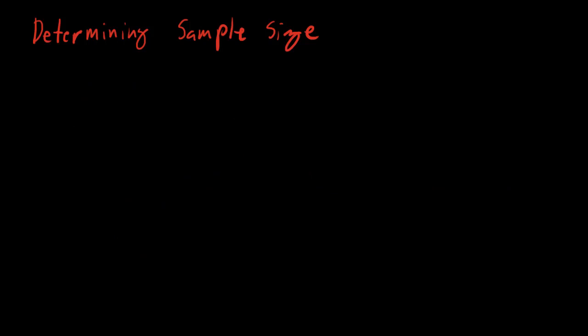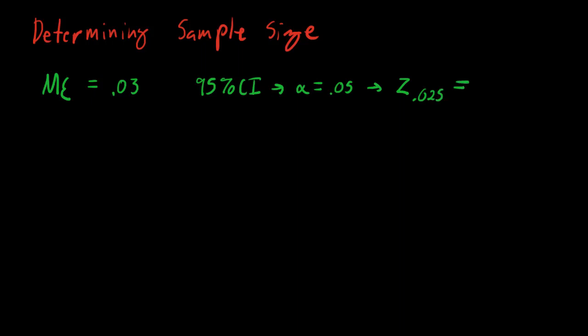For our proportion example for determining sample size, we're going to look at political polls. For most political polls, they're looking for a margin of error of 3%, so 0.03, and they're looking for a 95% confidence interval, which turns into alpha is equal to 0.05. So we're going to get a z of 0.025 is equal to 1.960.